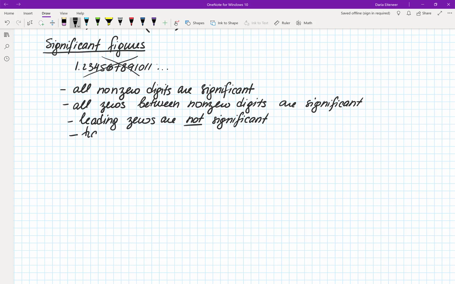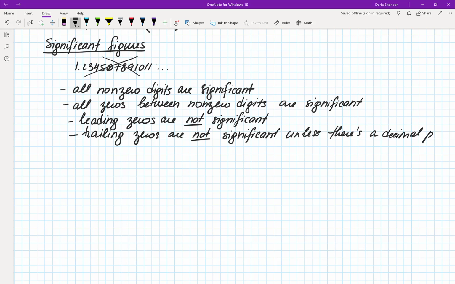And trailing zeros are not significant unless there is a decimal point. So those are the rules. So let's do some examples here.